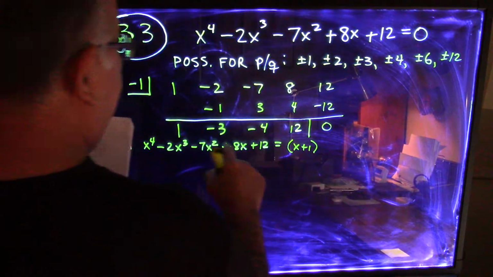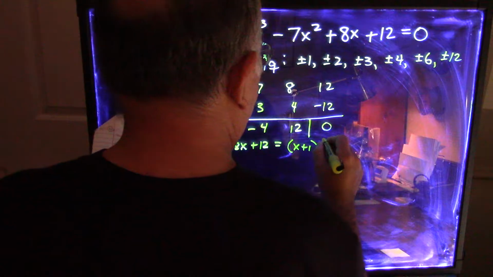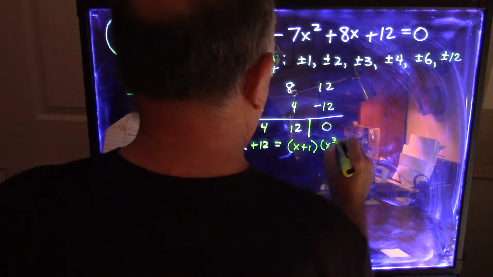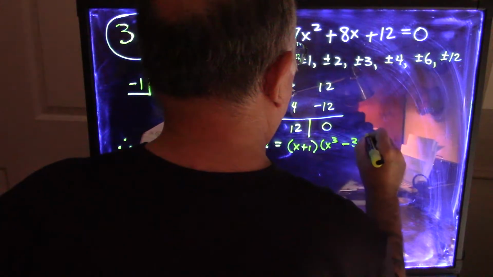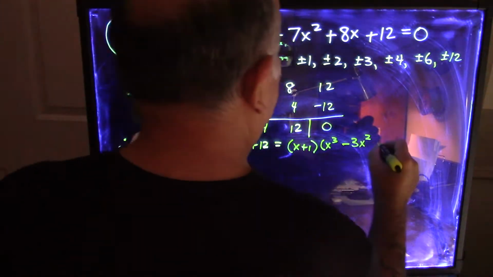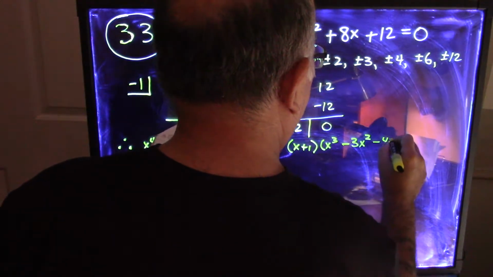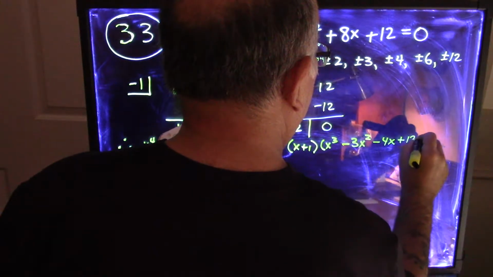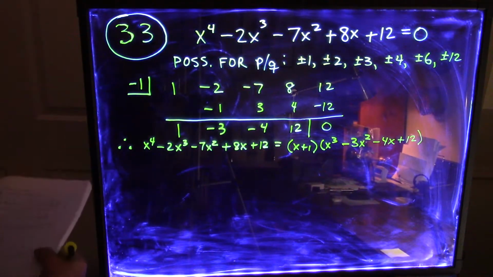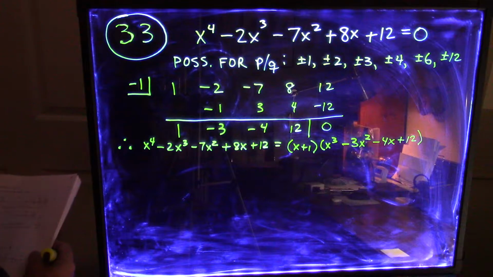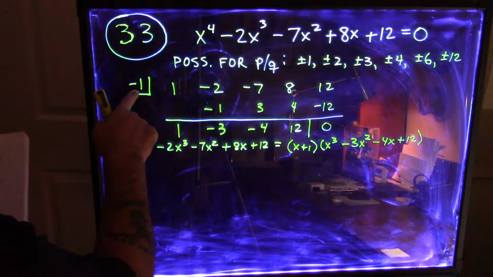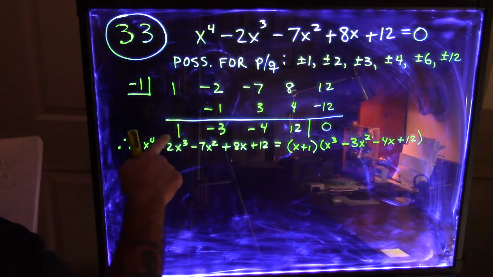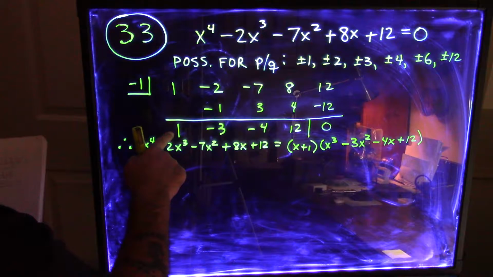and then we can write x cubed minus 3x squared minus 4x plus 12. So what you would do is, in case there's a multiple root of negative 1, you would try it again on this polynomial.